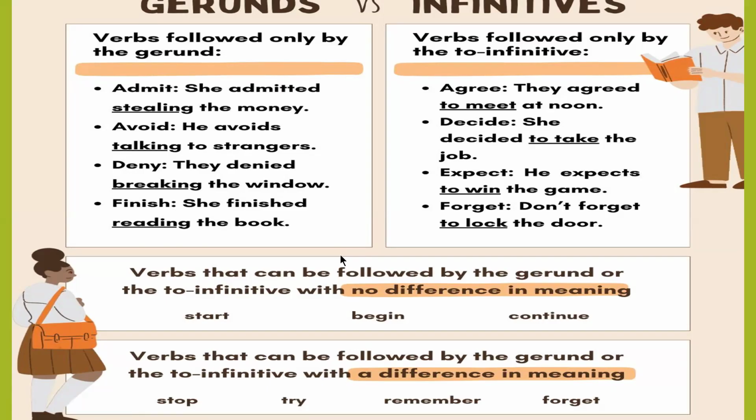Now, there are a few verbs that can be followed by the gerund or the full infinitive with a difference in meaning. If we use them with the gerund or with the full infinitive, the sentence meaning is totally different. The verbs are stop, try, remember, forget.